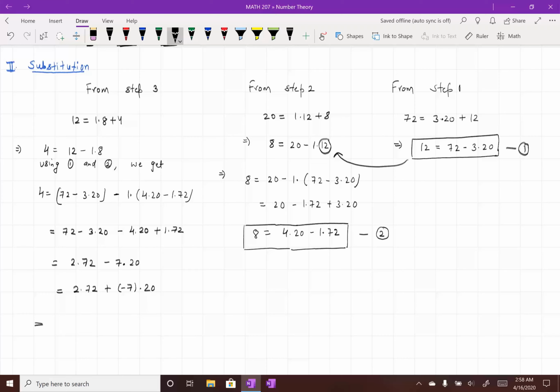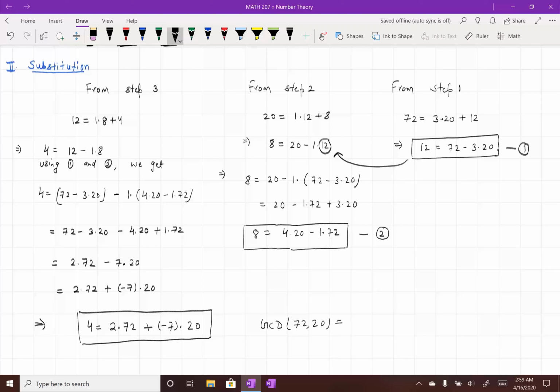So you have represented 4 as 2 times 72 plus (minus 7) times 20, and if you compare, the 4 was your GCD of 72 and 20.